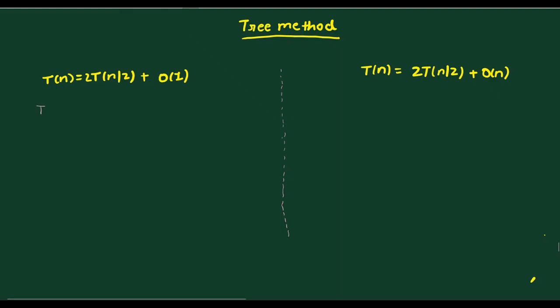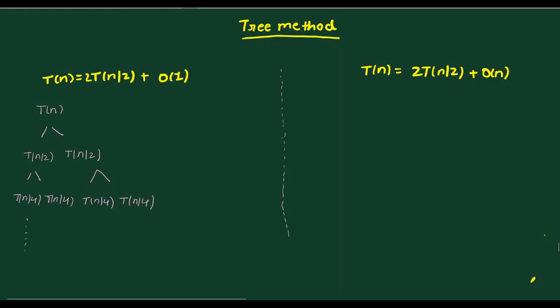So initially we have T of n, and this problem is dividing into two parts, T of n by 2 and T of n by 2, right? Which is further dividing into two parts, which will be T of n by 4 and T of n by 4, and this will also divide into T of n by 4 and T of n by 4, right?